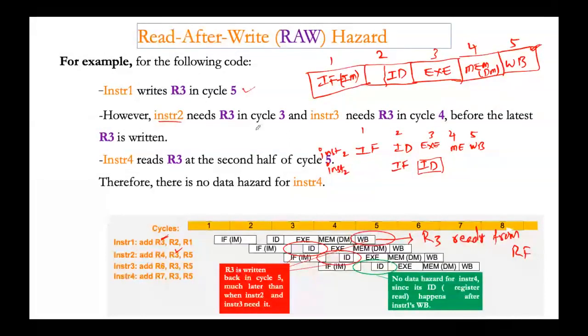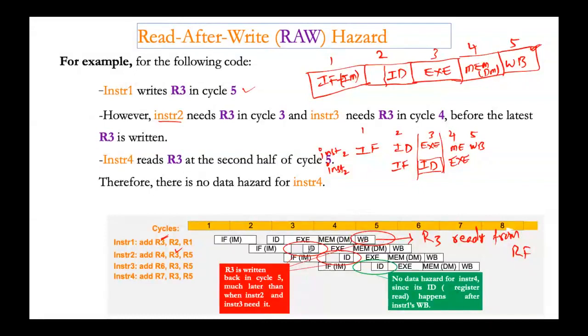So instruction 1 writes R3 in cycle 5. However, instruction 2 needs R3 in cycle 3, because when it is decoding, it requires the value in cycle 3. And instruction 3 needs R3 in cycle 4 for execution. So before the latest value of R3 is written, it gives some kind of problem.